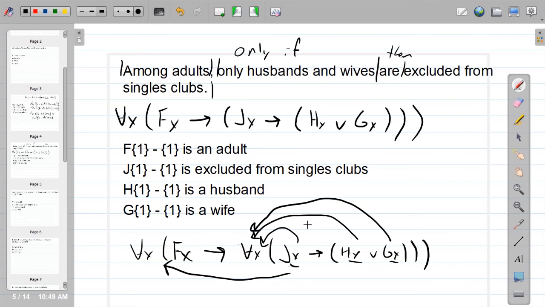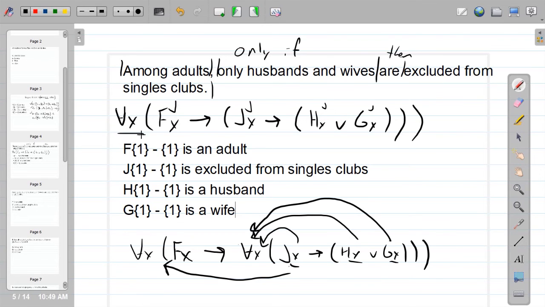So we want to say, okay, James, if you're an adult, okay, James is an adult, good. So if James is excluded from a singles club, then James must either be a husband or a wife. And what makes it such that the same name gets plugged into all of these is that they're all under the scope of this quantifier.